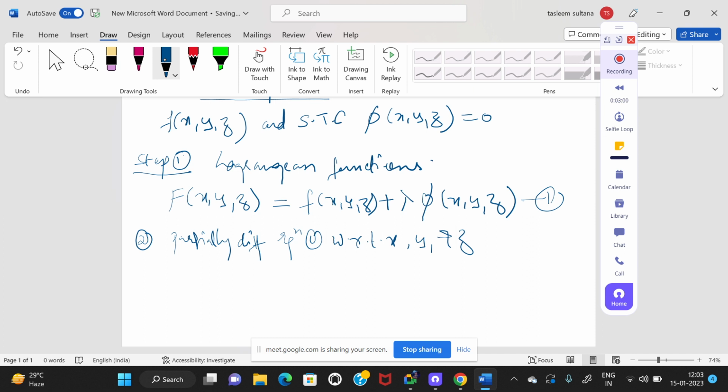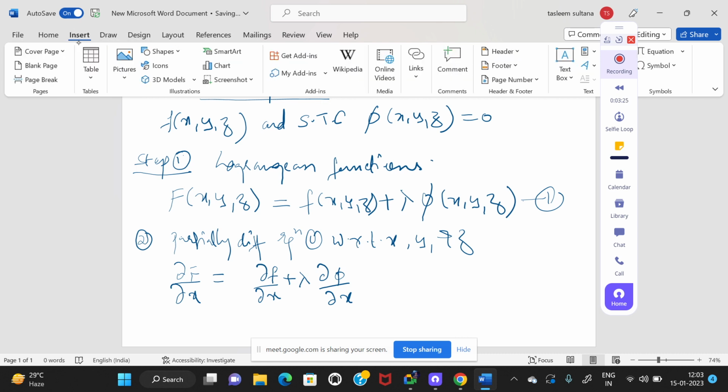So what you are going to get is dou F by dou x, which is equal to dou f by dou x plus lambda dou phi by dou x. Did you get what we are doing over here? Yes, ma'am.